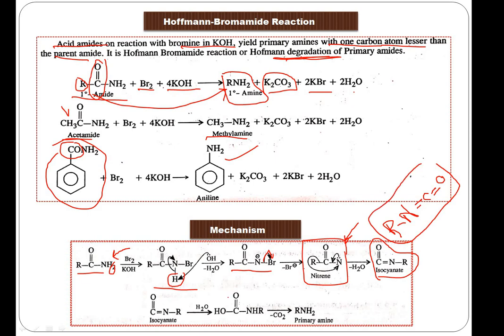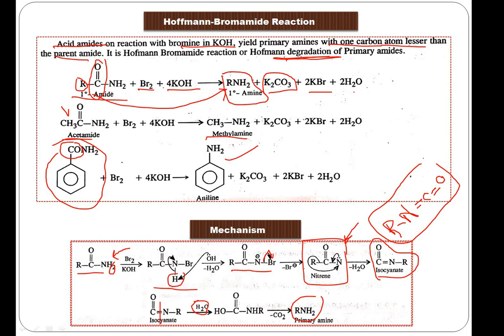Now this isocyanate undergoes hydrolysis, or acidic hydrolysis. You can actually add water on this. When you add water, simply add 2 hydrogens here, I'm just showing it as a shortcut. Add 2 hydrogens here, so you'll get the primary amine, and then remove this carbon in the form of carbon dioxide. So this is the important mechanism. In the Hoffmann bromamide reaction, we have to remember that this reaction is used for the preparation of primary amines.